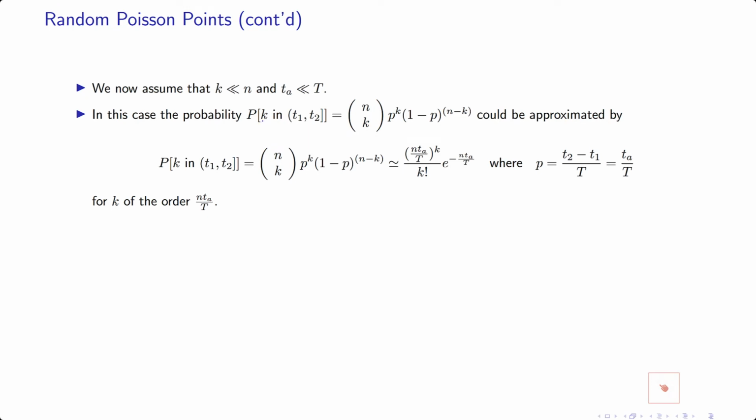So in this case, the probability of k to be in time interval t1 and t2 equal to these can be asymptotically simplified. So you could approximate this expression very easily. You show that if you have a pair of n and t, they jointly both go to plus infinity, but the ratio of n divided by t remains constant, then the limit of these will become equal to this number.